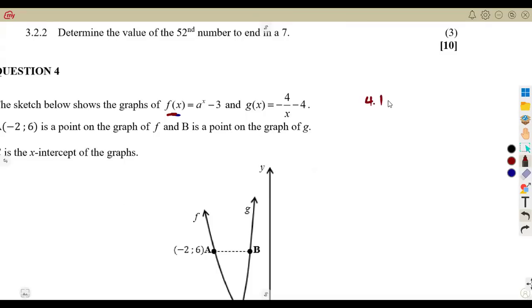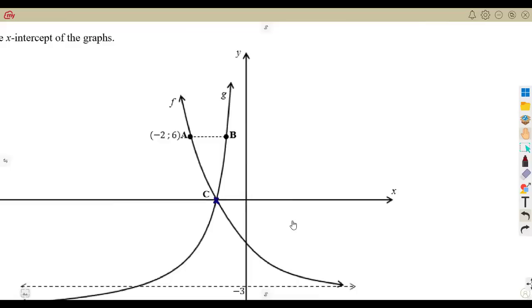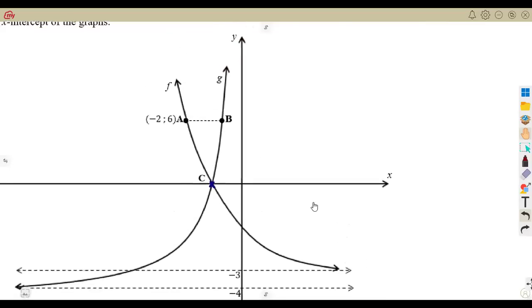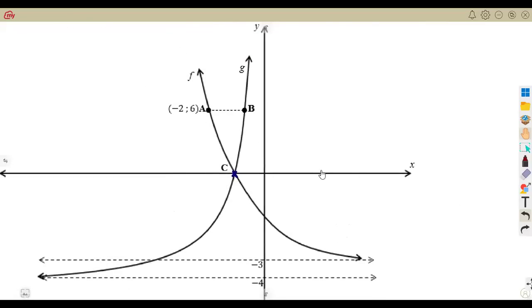The domain is the limits of x, the limiting values of x. Is this function affected in terms of the x values?